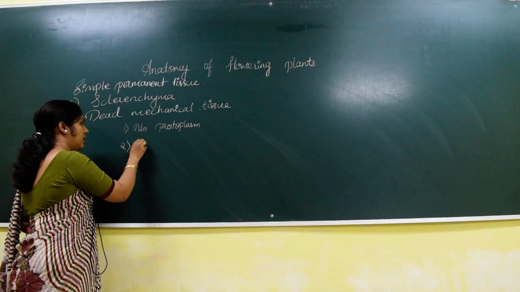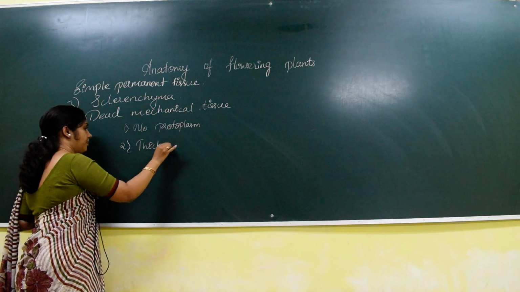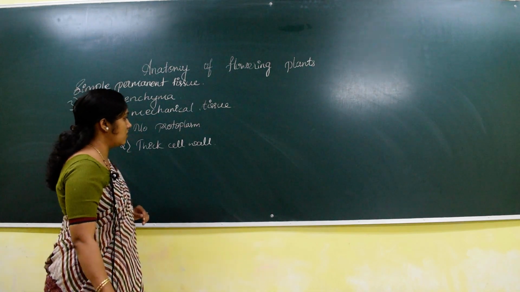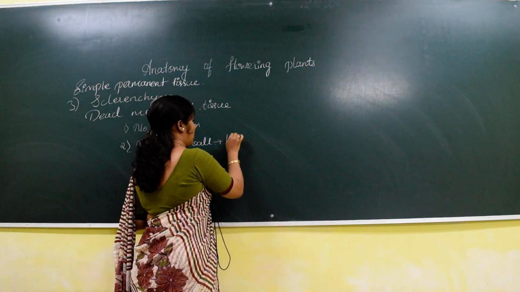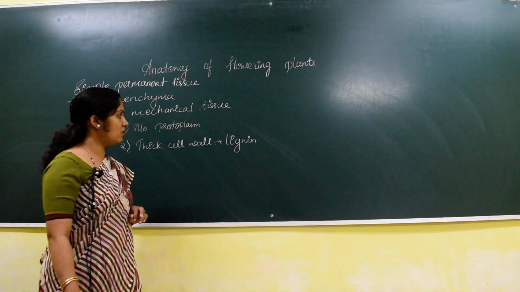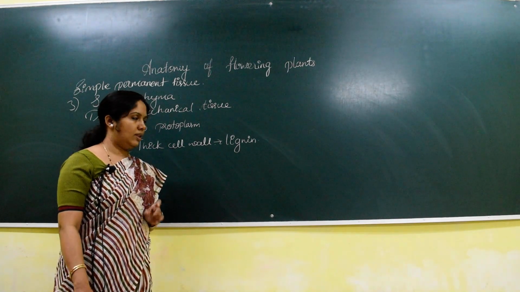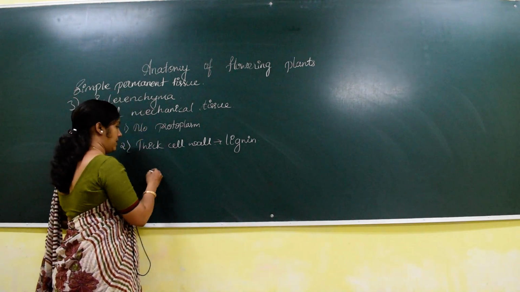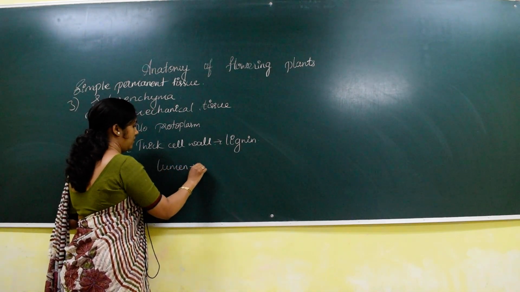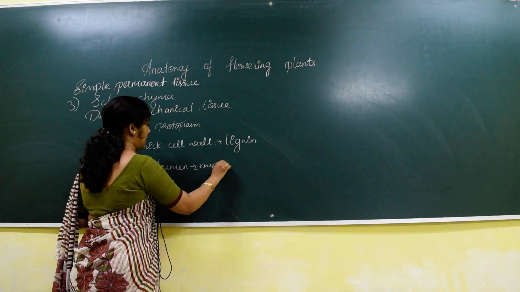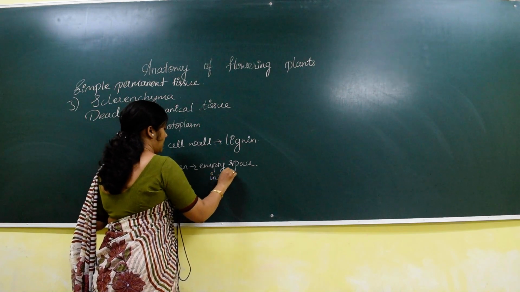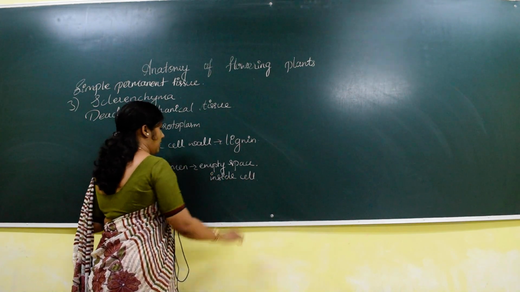Next, it has a thick cell wall. The cell wall thickening, that is the secondary cell wall thickening, is due to the deposition of a chemical called lignin. Due to the deposition of lignin, the cell wall is very thick, and the empty space inside the cell is called the lumen.